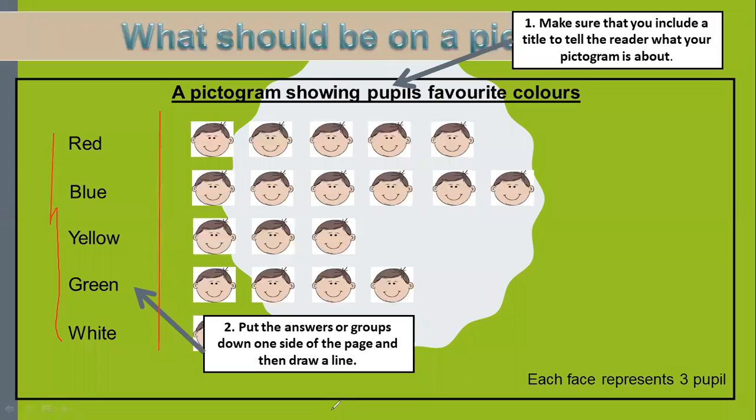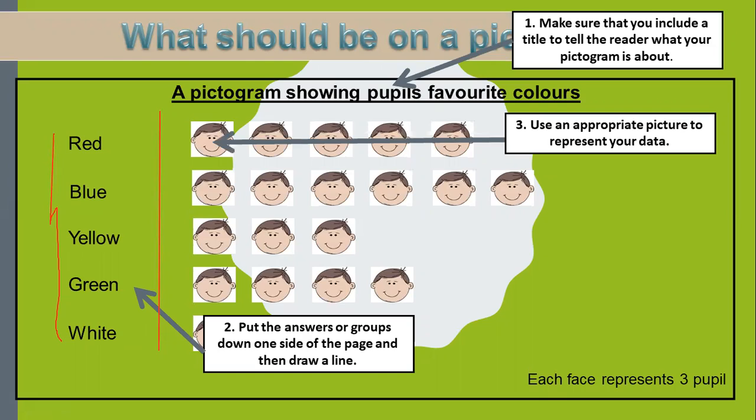The third is use an appropriate picture to represent your data. Because we talk about pictograms, which is picture grams, it means you have to use a picture to represent the data. Kita harus menggunakan gambar untuk menyatakan suatu data.